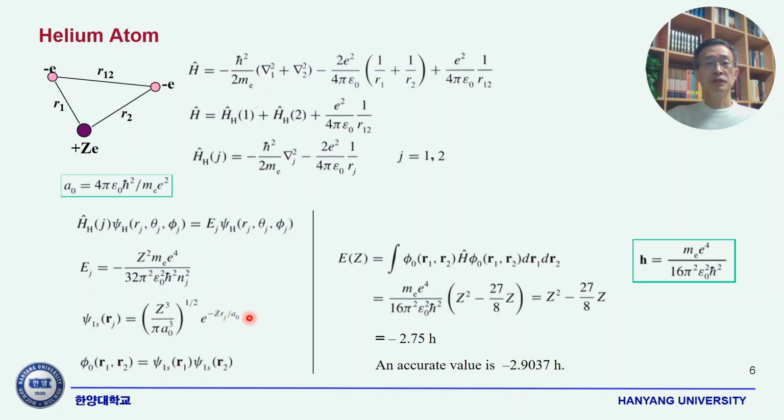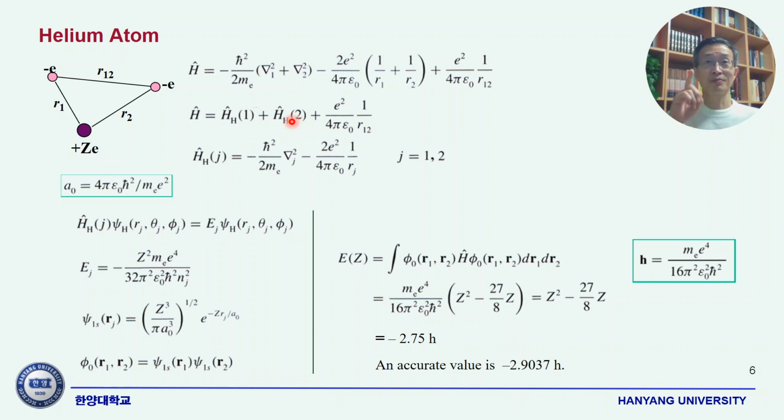So if we don't have this interelectronic potential, what we have is just two hydrogen-like atoms. So the energy is the energy of electron 1 plus the energy of electron 2. If the energy is given as the sum, and the Hamiltonian is also given as the sum, H1 plus H2, then what is the wave function?